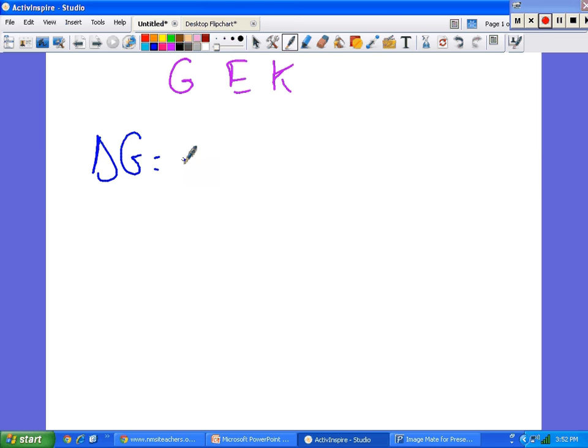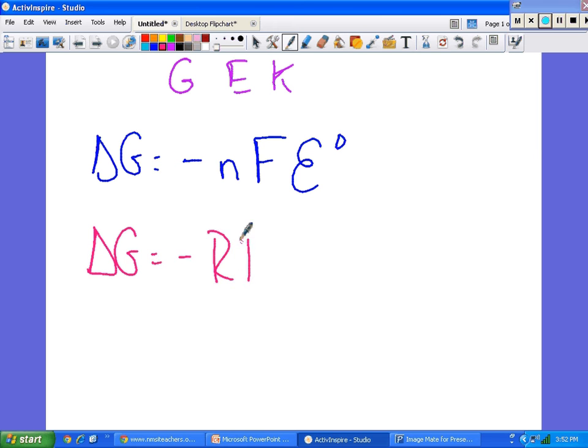Very good. How is delta G related to K? Delta G equals negative RT ln K. I missed the ln. Okay.